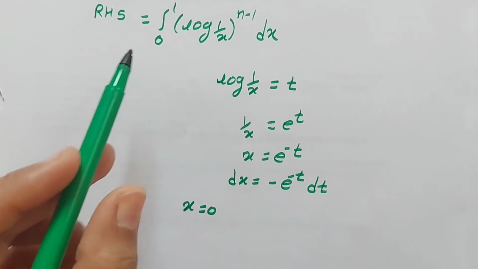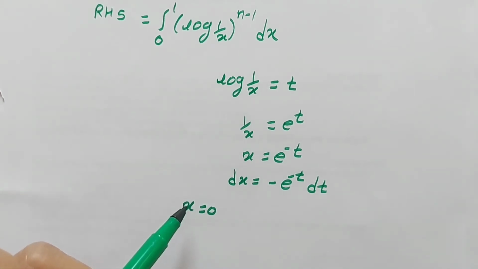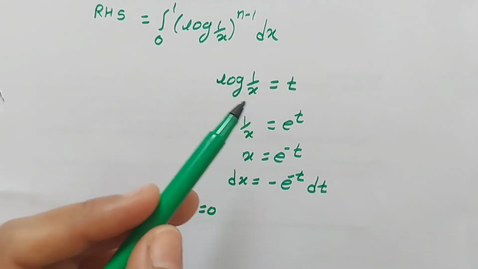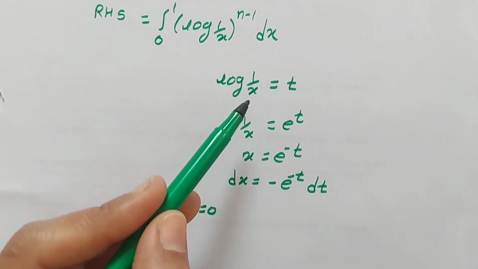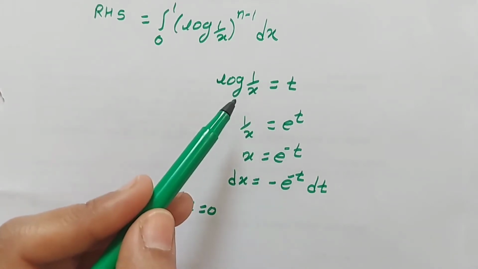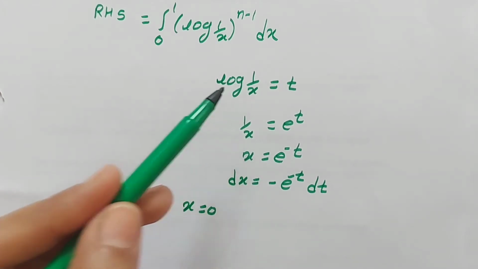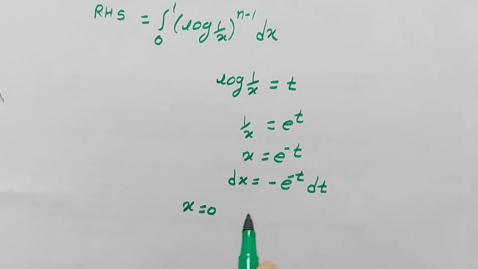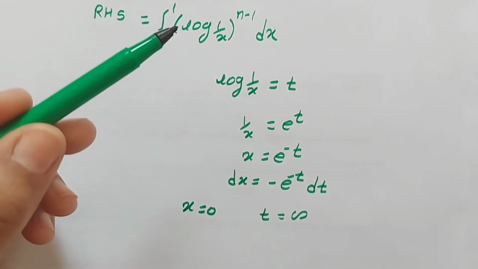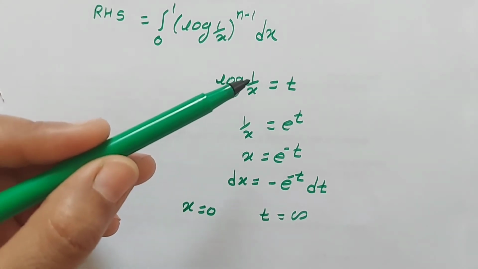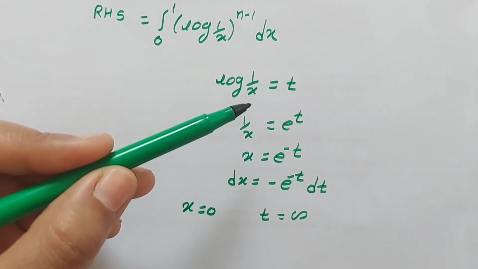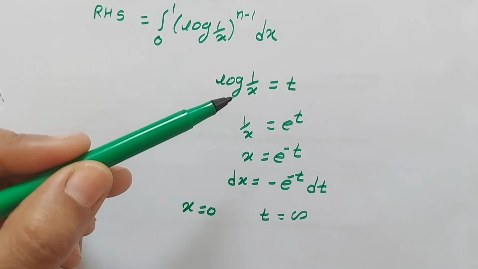Now the lower limit is x equals 0, and we want the value of t. If we put x equals 0 in this term, 1 upon 0 is not defined, which means when x tends to 0 we get t tends to infinity. If we put the upper limit x equals 1 in this term, it is log of 1, and we know the value of log 1 is 0.